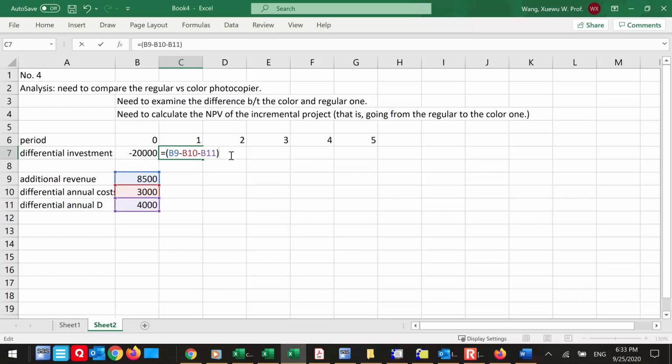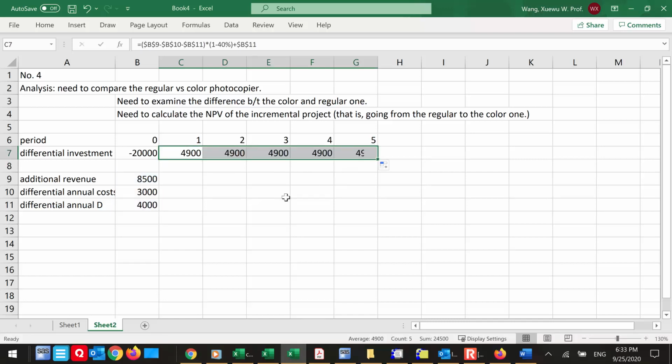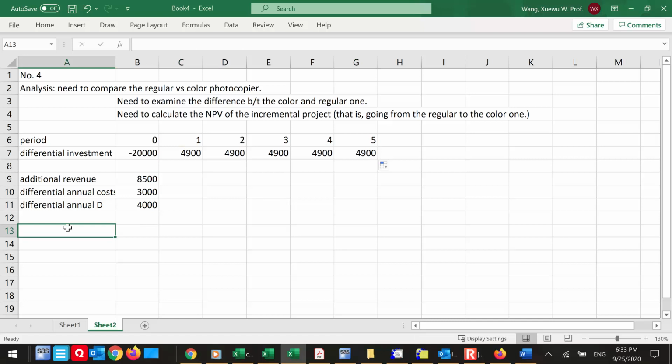Now I pay tax at the 40% tax rate. Because I took out depreciation, I now need to put back depreciation for this incremental project. That gives me 4,900. I'm going to lock down the cell references because I want to copy across. So every year I'm going to have a cash flow of 4,900 if I go from the regular one to the color one.